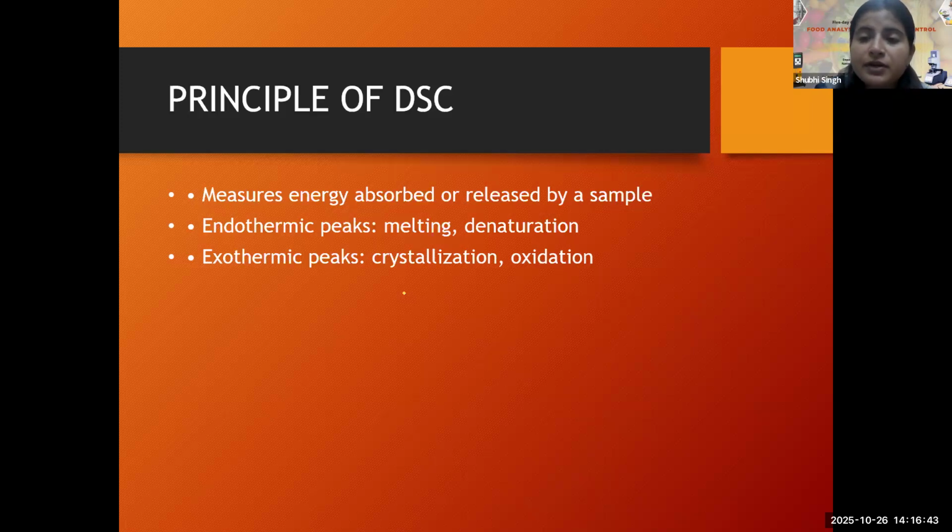The instrument detects this difference and records it as a peak on the thermogram. The graph which DSC gives is known as a thermogram. Okay. So the graph will be like this, where heat capacity Cp will be here versus time.